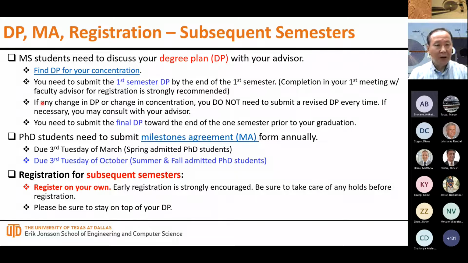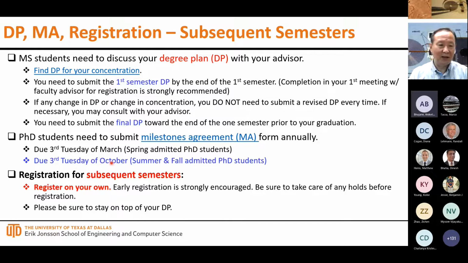Okay. For PhD students, you don't submit any degree plan at all. PhD students, you must submit the form called the Milestones Agreement Form, MA form, and you need to submit it every year. For fall admitted students, you need to submit this milestone agreement form by the 3rd Tuesday of October.